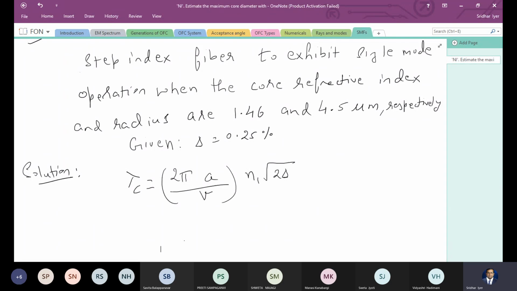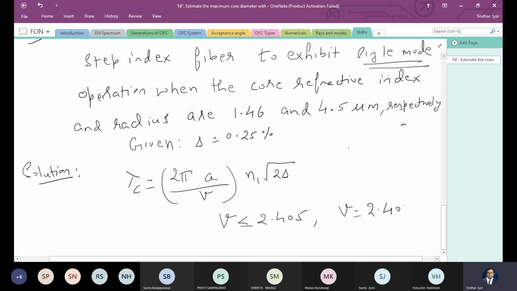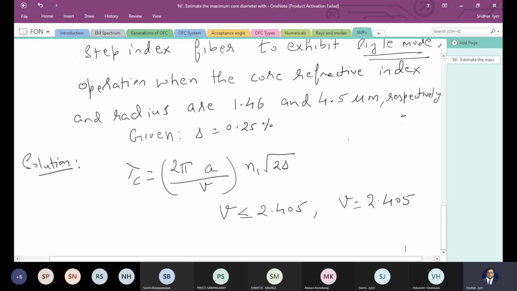Now, it is given in the question that the fiber needs to exhibit single mode operation. Right? Therefore, we can say that V is less than or equal to 2.405, and we'll fix it to V equal to 2.405.